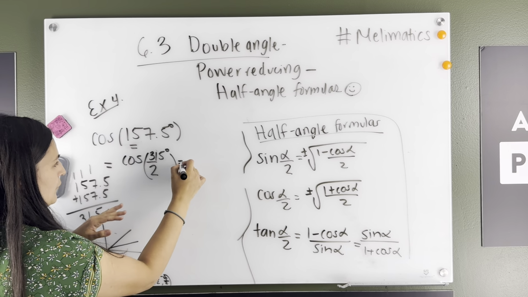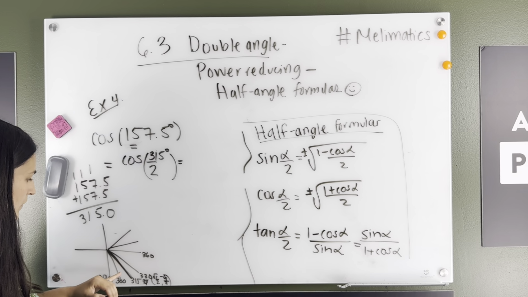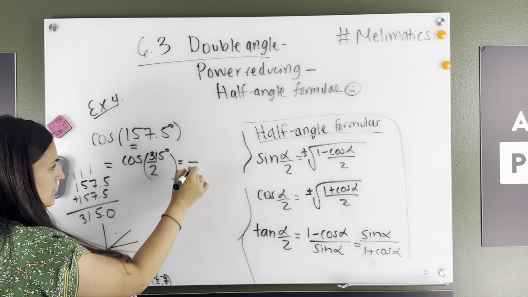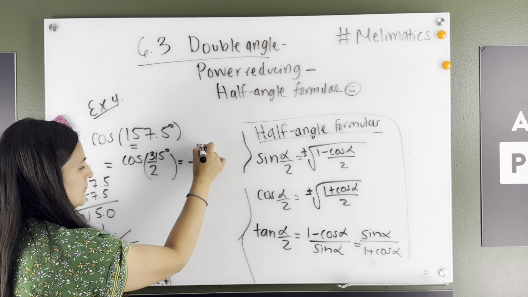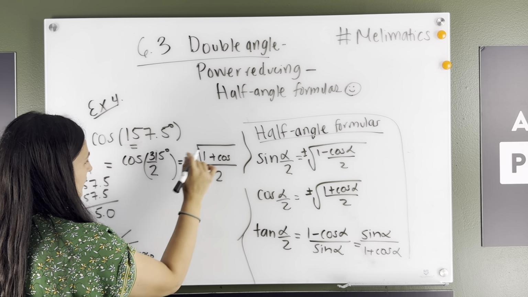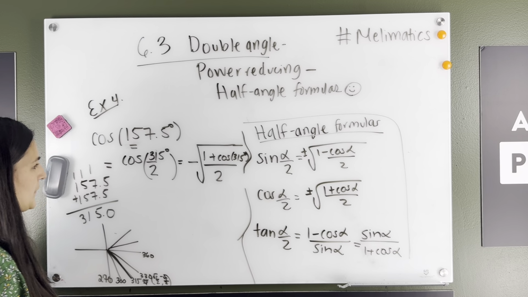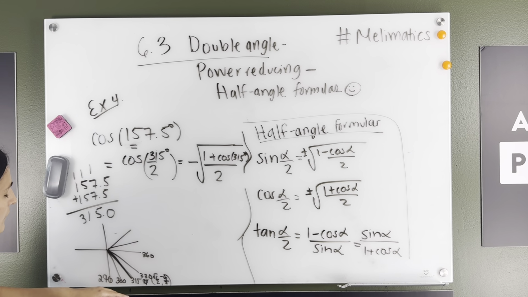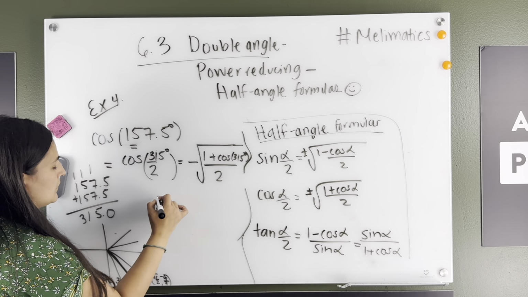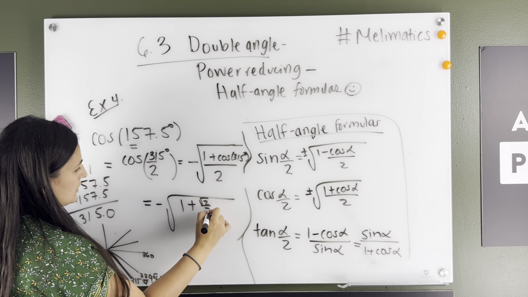Okay, so we're just going to use the formula. So is cosine going to be positive or negative in the 2nd quadrant? Cosine is negative. Okay, so then we're going to get the square root of 1 plus the cosine of alpha, where alpha is 315 degrees, all divided by 2. Okay, so the cosine of 315 degrees is the square root of 2 over 2. So it's going to be 1 plus the square root of 2 over 2.